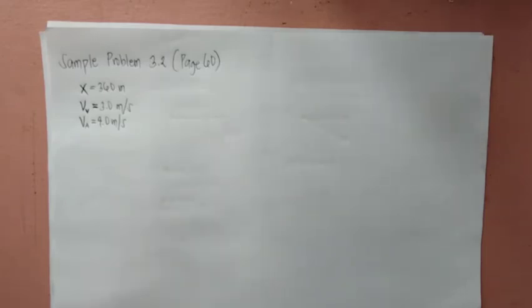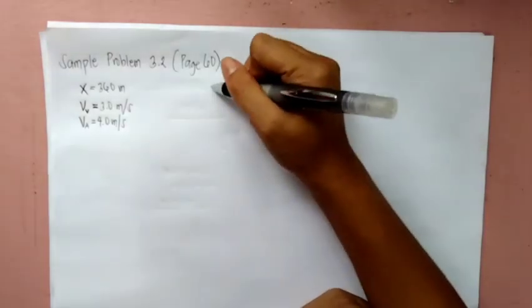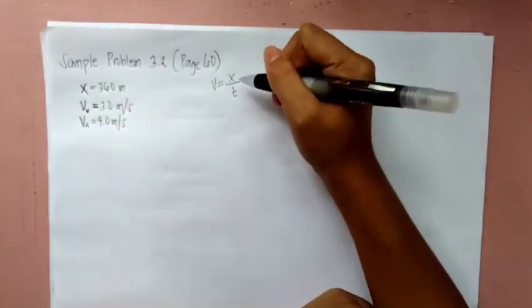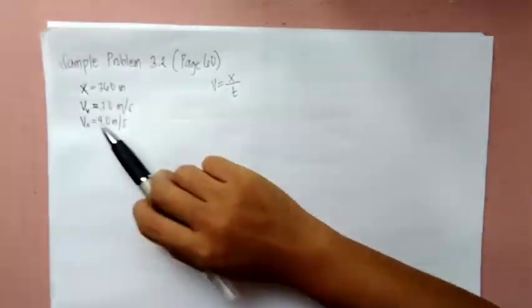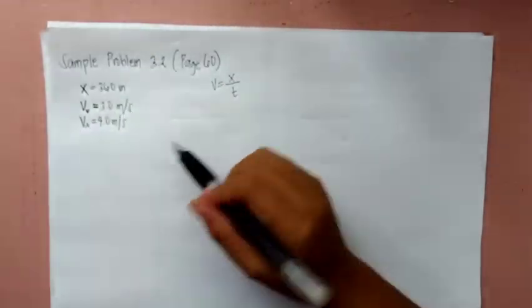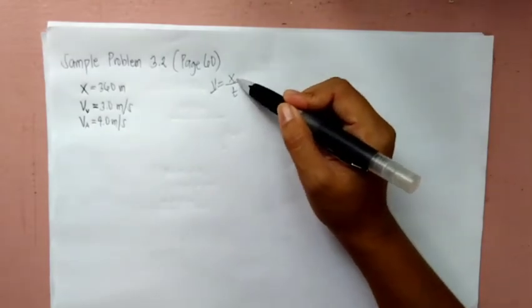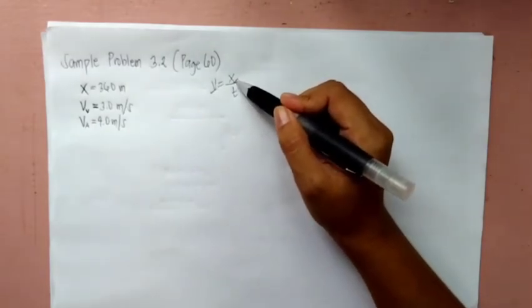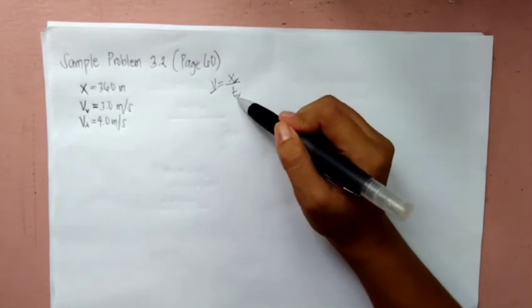Okay, so in solving this problem, we are going to deal with the equation of speed, V equals x over t. We already have here the given speeds of Vanya and Angelito. And then next we will find out their distances and time.